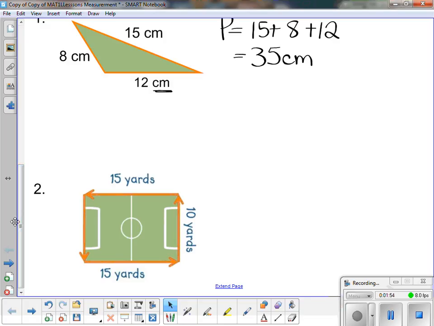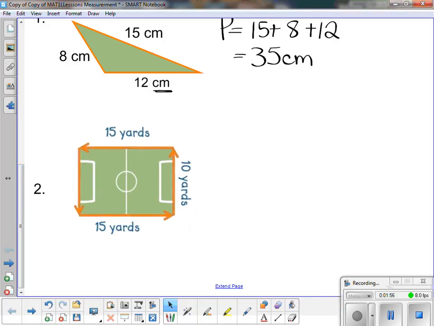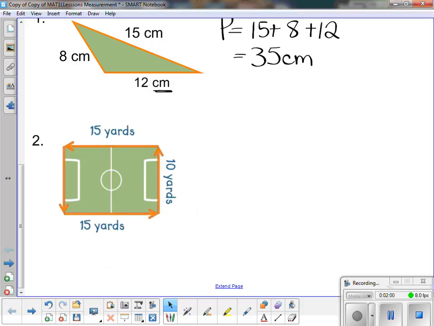Now the next one is a shape that you've seen before. It's a rectangular shape. Now you probably learned that there were special formulas for perimeter, and yes, there are, but the important thing for you to understand is it's the distance around. So we're always interested in that.